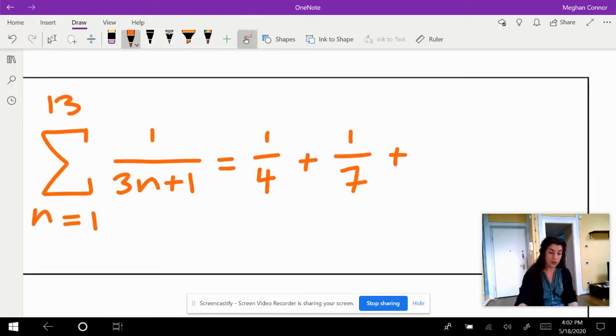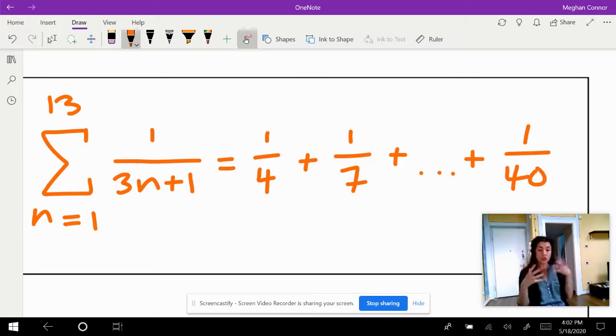And we'll do one more term just for you to get the idea. Actually, let's do the 13th term. So 1 over 3 times 13 is 39, plus 1 is 40. So 1 over 40. So it's that combination of plugging in n's and finding the terms in the sequence, but then what you're doing is adding them all together.